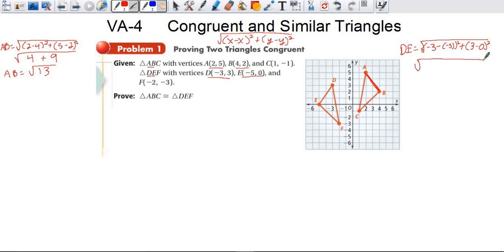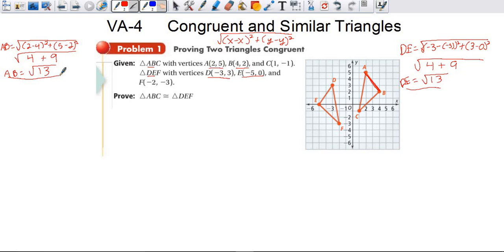If I do -3 minus -5, I get a +2, right? 2 squared is 4. 3 minus 0 is 3. 3 squared is 9, so I get the square root of 13. So what you should notice at this point is that these two things are equal, which means the first set of sides are congruent, so they match up.